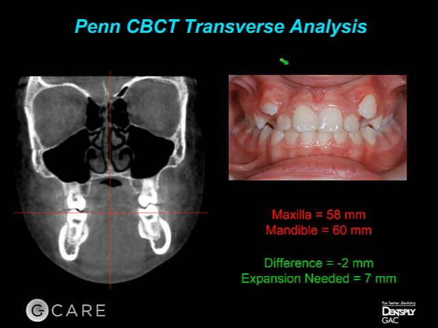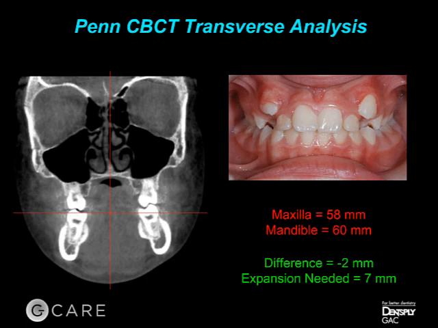You have to do a measurement to determine how much expansion, but you can at least have a thought or a suspicion that there may be an underlying expansion need on the case just by looking in the mouth. And if you see this extreme inclination of the lower posterior teeth, you can likely suspect that when you do measure, the upper jaw is going to be much too narrow for the lower. But then when you measure, you determine how much is actually needed.